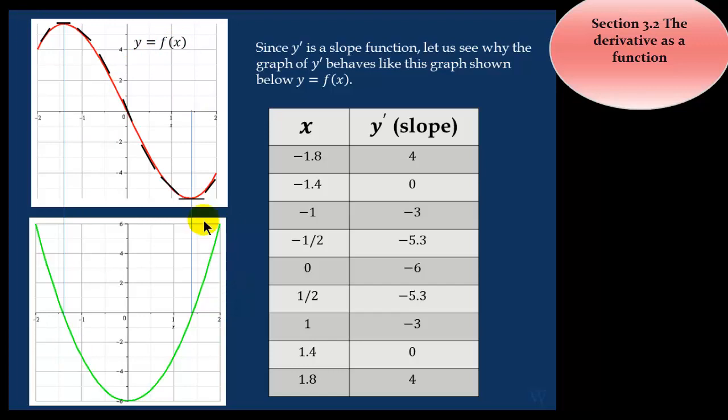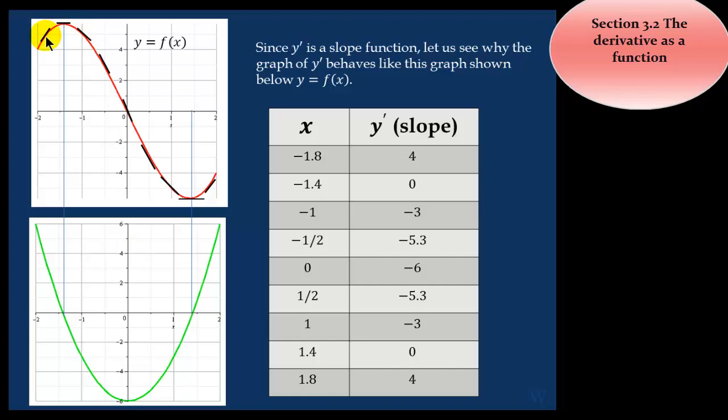Let's take, for example, the point on the graph of y equal to f of x, say at x equal to negative 1.8. And we take the slope of this tangent line, and it's equal to positive 4, because if you check out the point at x equal to negative 1.8, that's where the y is 4.